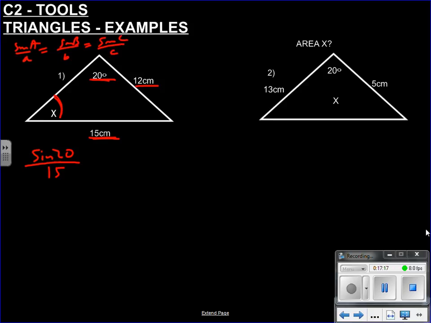So sine 20 over 15 must be the same as sine X, the thing I'm missing, over its opposite side, 12.